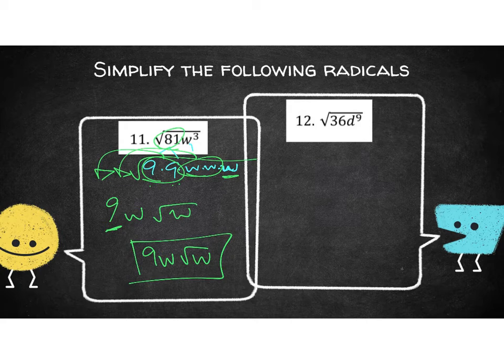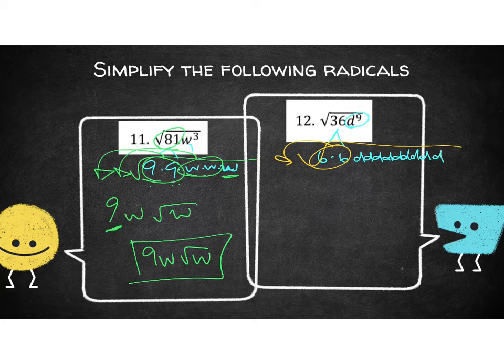36d to the ninth, same thing here. I recognize that 36 is 6 times 6. So then I have 9 d's, 2, 3, 4, 5, 6, 7, 8, 9 underneath my radical. So my pair of 6s can come out. And again, I didn't go down to the 2 and the 3 and the 2 and the 3.